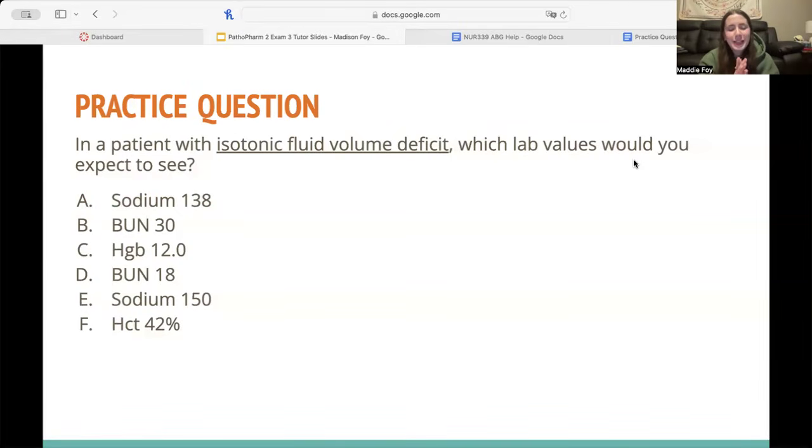This one's a little tricky, guys. I'm sorry. In a patient with isotonic fluid volume deficit, which lab values would you expect to see? And this is a select all that apply. I'll give you guys a minute.